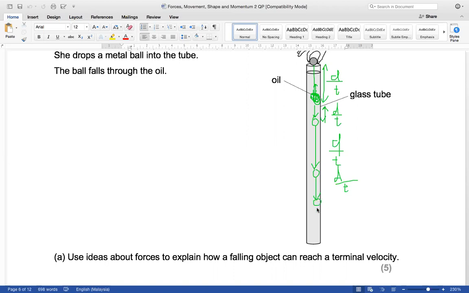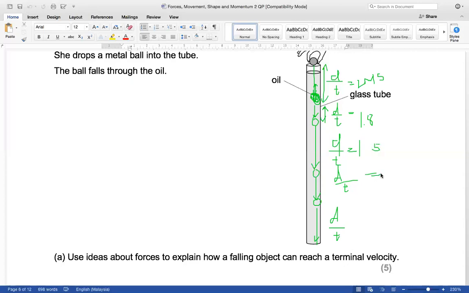And then here, again, and at some point you're going to get the same reading. Maybe at the start you begin with 2 meters per second, and then maybe here is 1.8, and then maybe at some point you're going to get the same reading.